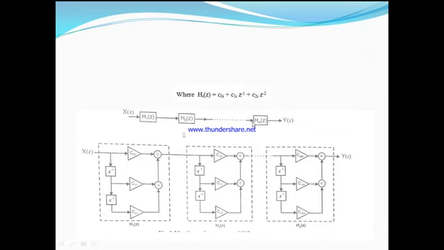Here we are using feedback in the output of the filter. Next we are going to see the IIR filter realization. First, direct form one structure of IIR system; then cascade form realization of IIR system; and then parallel form realization of IIR system. First one, direct form one structure of IIR system.